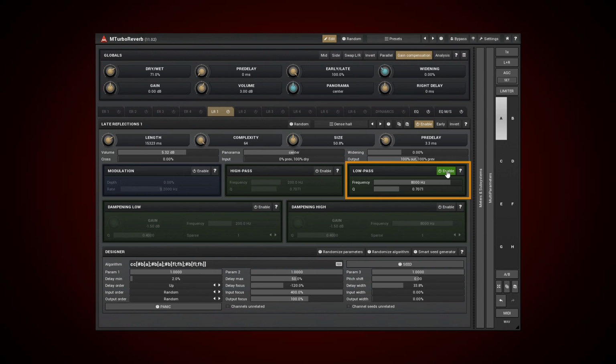In much the same way, the dampening low and high pass work. Listen to the effect of the dampening low parameter. And now the high pass filter.